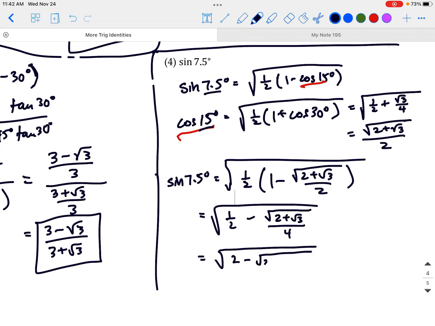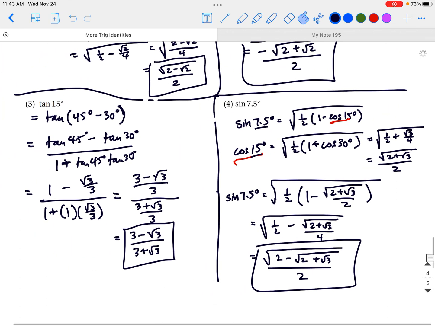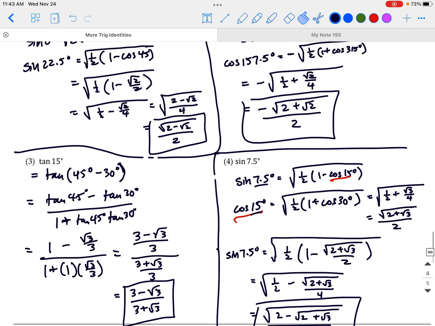So we'll get radical 2 minus radical 2 plus radical 3 all over 2. Again, more nested radicals. So a slightly more challenging example, just because you got this layered identity being used multiple times.